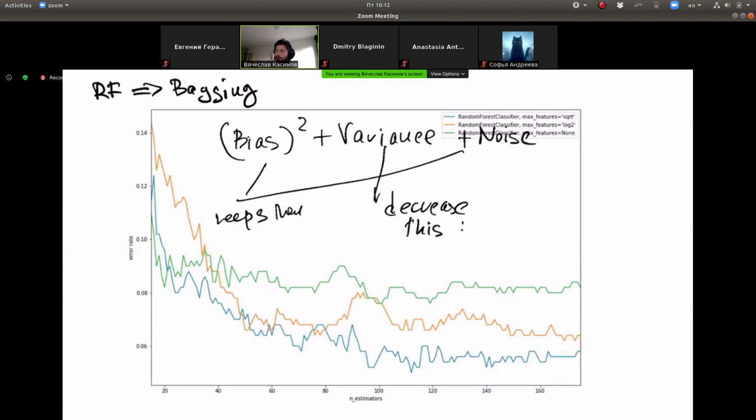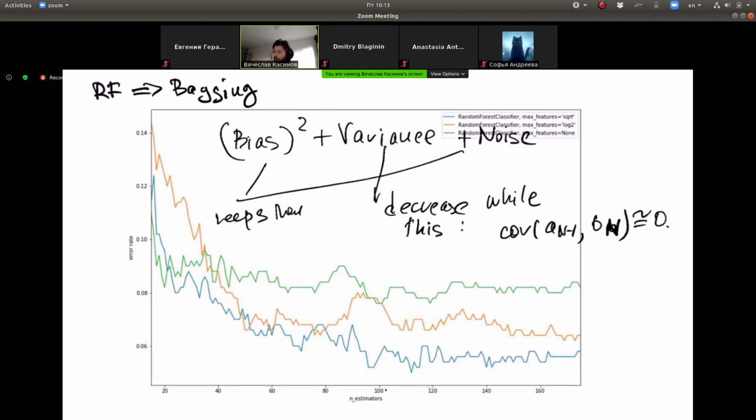But it doesn't decrease all the time that we add a new algorithm. It decreases while the covariance between, let's say, the previous ensemble and the new element is 0, approximately 0.